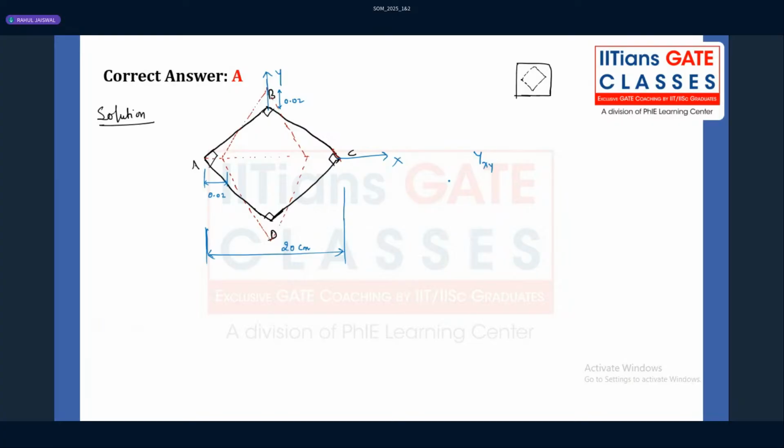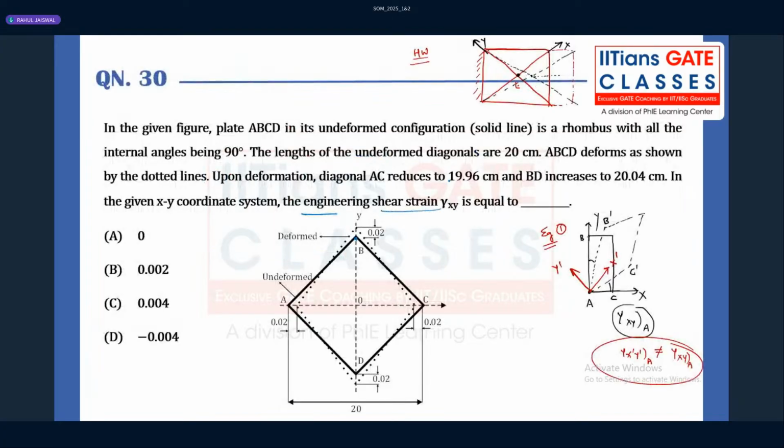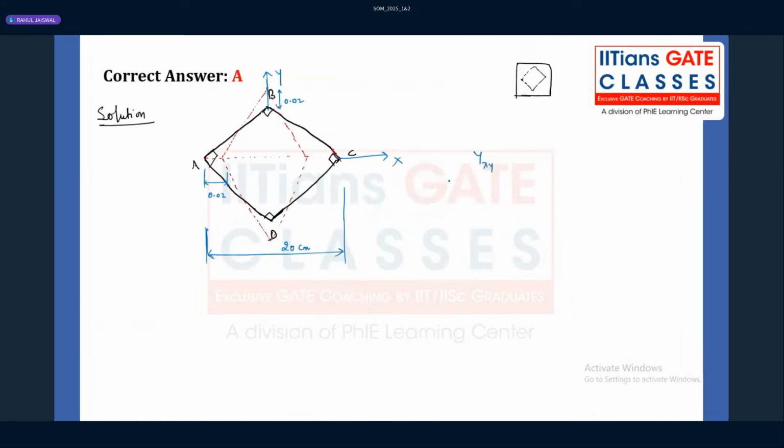Now, shear strain they are asking with respect to which coordinate system? They are asking with respect to x and y. If you see, x-axis is horizontal, and y-axis is vertical. What is the angle between these two axes?